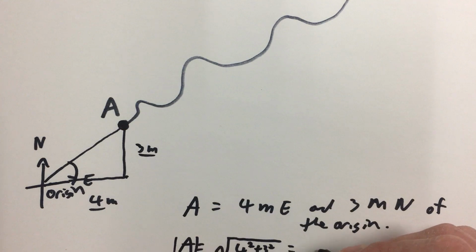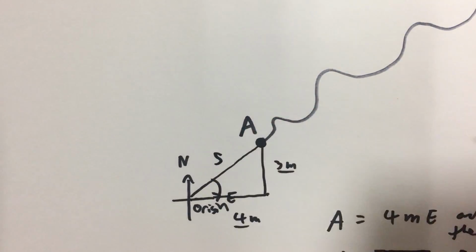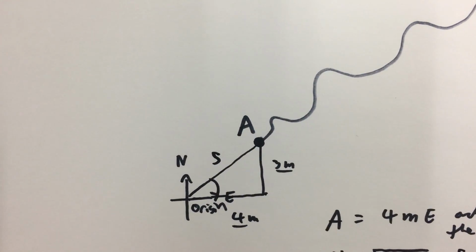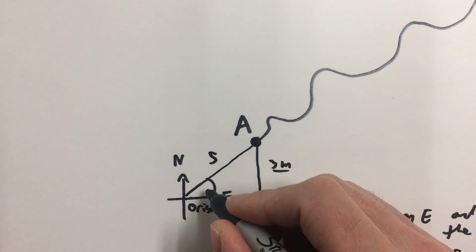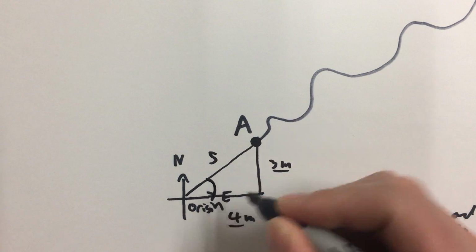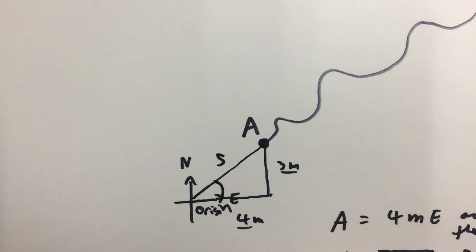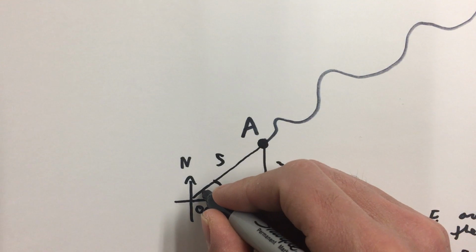That is 16 plus 9, 25, right? That's 5. So we're at a distance of 5 from the origin, at an angle above the horizon of arctan 0.75, which is about 37 degrees.